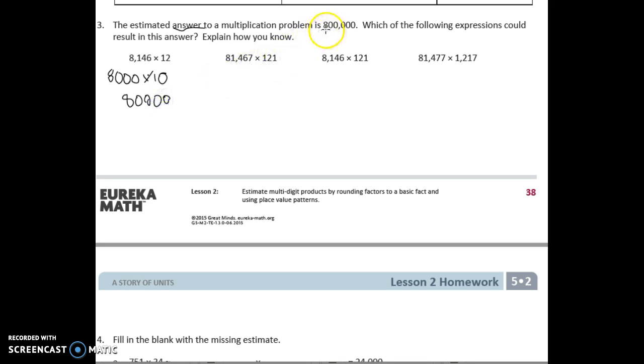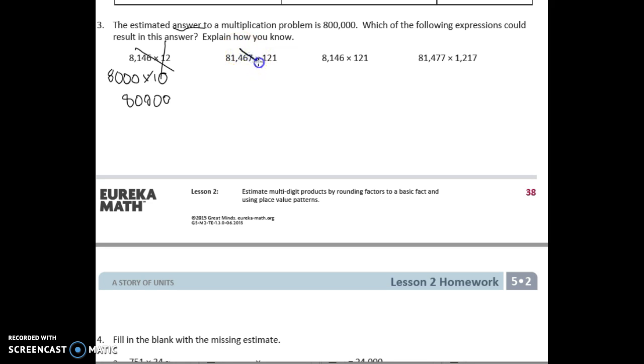And does that match? This has 5 zeros. So this one, nope. This one right here is going to be about 80,000. So it's going to have 1 more zero. This is going to be about 100. So that's going to be 1, 2, 3, 4, 5, 6 zeros. So that's probably not going to be right either, is it?